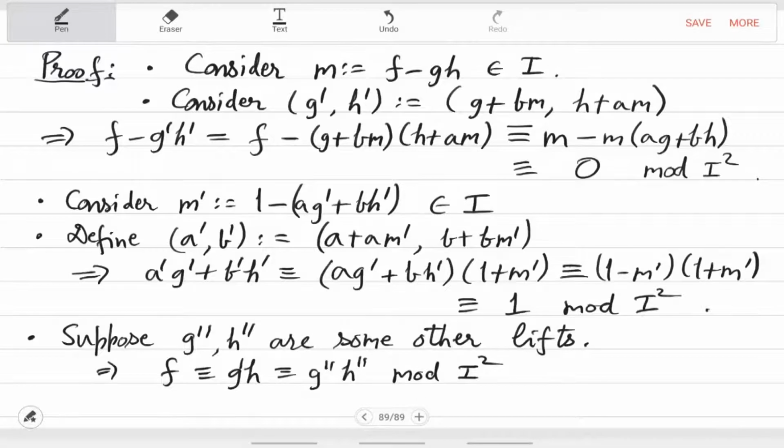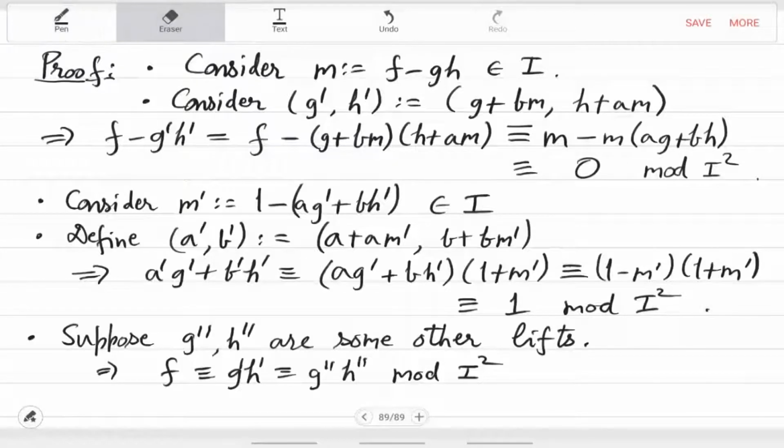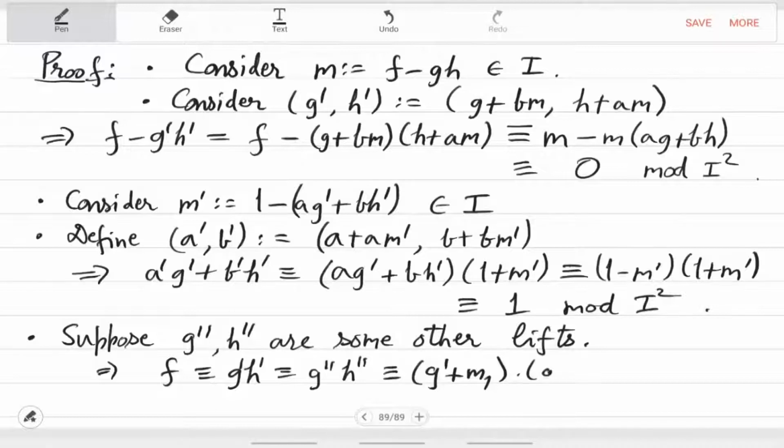So mod I square, you have two factorizations, g prime h prime as before, as constructed, and g double prime h double prime which somebody else gives you. So let us look at the difference of g prime and g double prime. So let me just put it here directly. So this is g prime plus m1 and this is h prime plus m2.